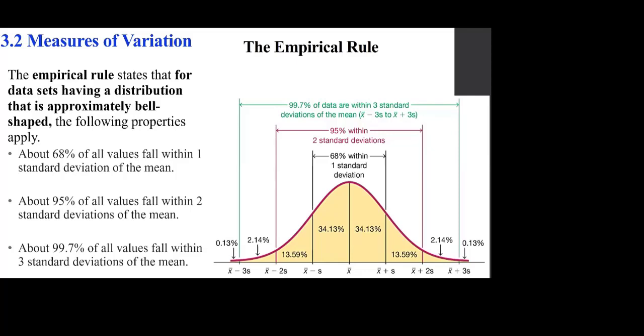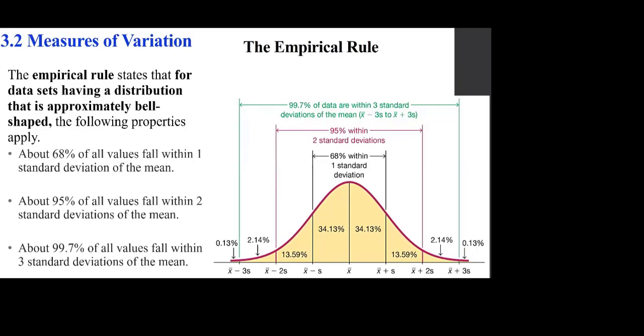About 99.7% fall within 3 standard deviations of the mean. Those are numbers we come across often, especially when we go to the normal distribution in later chapters. We should be familiar with these numbers. The empirical rule applies to a bell-shaped, symmetric, normal distribution. Otherwise, it doesn't apply. That's why Chebyshev's theorem was discussed, and we're going to look at that also.